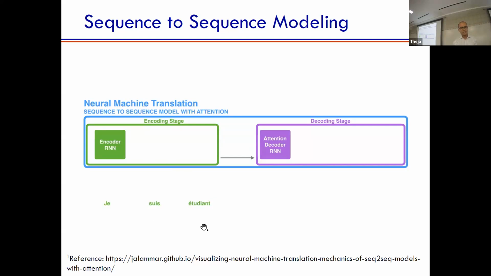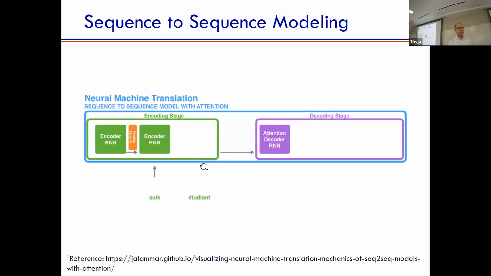Okay. So what I'm already trying to show is that there are two parts to the model definition. The model is in the blue box. One part, on the left side, is called the encoding stage or the encoder, and the one in purple is the decoding stage. What you do first is you have three words, and you pass them as three inputs.